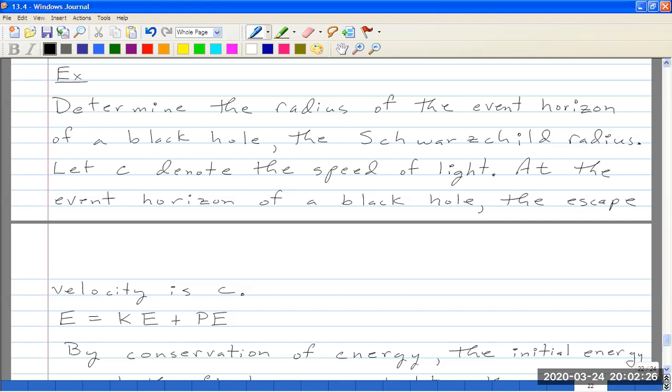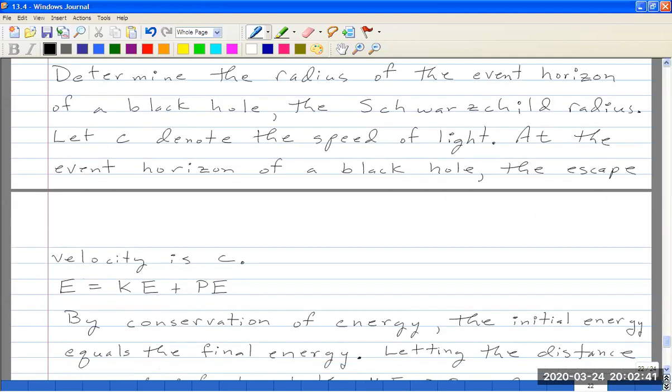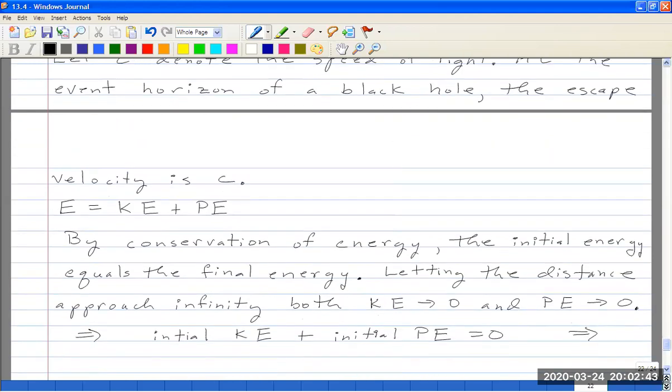Let's do this. So first off, energy is just kinetic energy plus potential energy. So by the conservation of energy, the initial energy must equal the final energy. Letting the distance go to infinity, both the kinetic energy and potential energy go to zero.